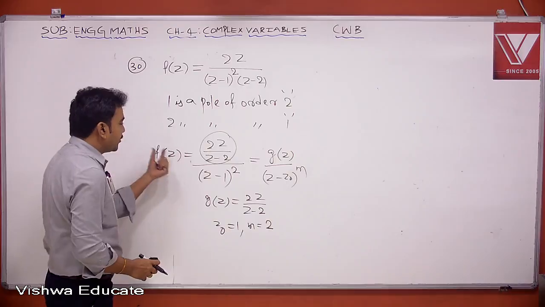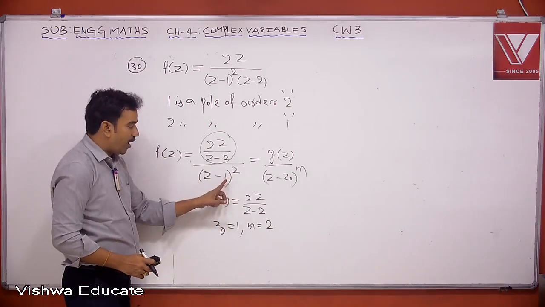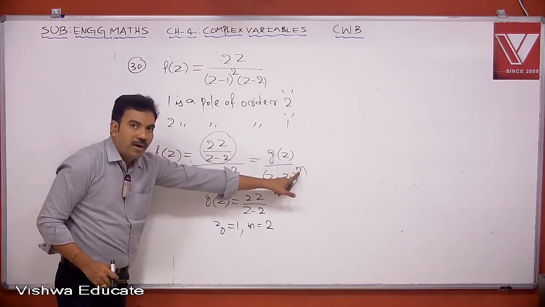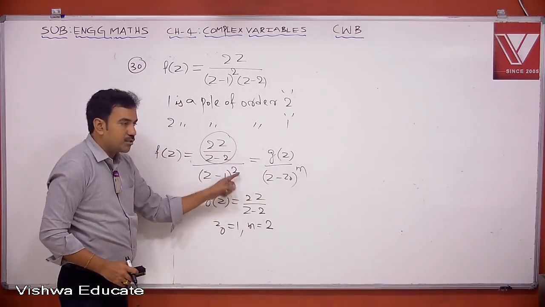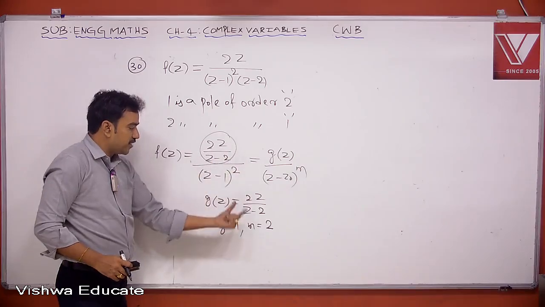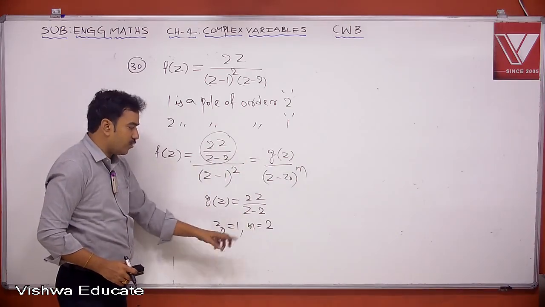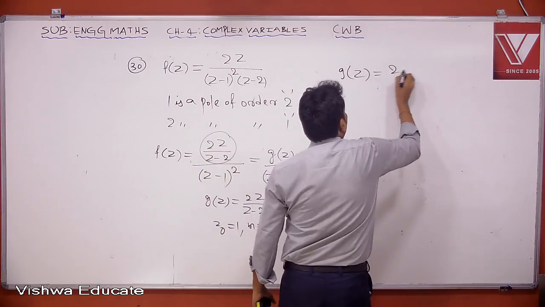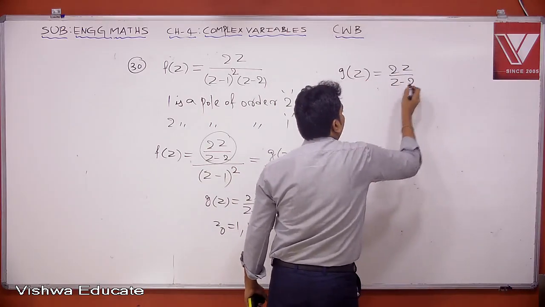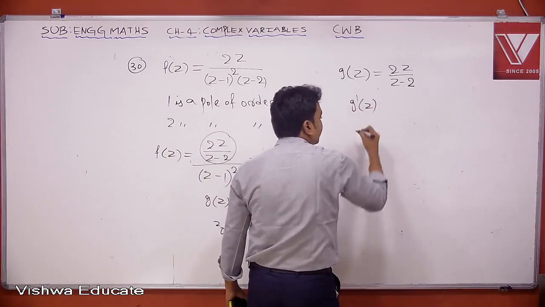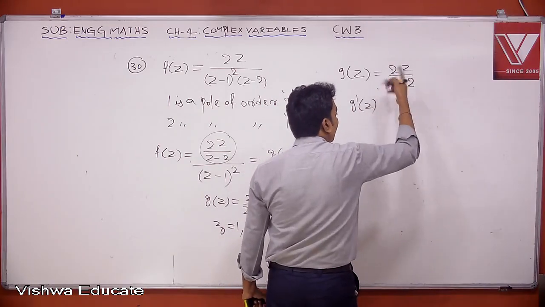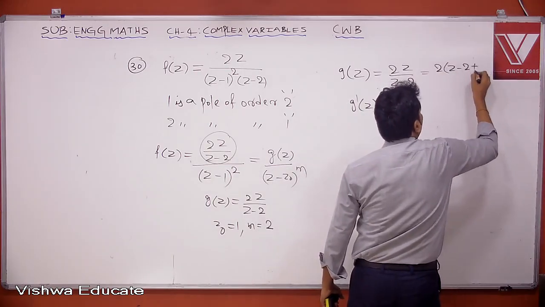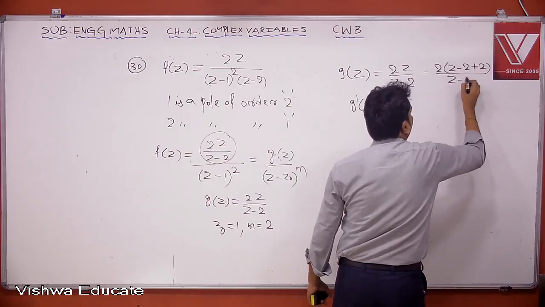So to find the residue of this function at the pole 1, what we need to do is differentiate this with respect to z m minus 1 times. But here m is 2. So differentiate this g of z, 2z by z minus 2, with respect to z 1 time. Actually I want this g dash of z. You can apply the quotient rule, or in a simple way this can be written as 2 into z minus 2 plus 2 divided by z minus 2.